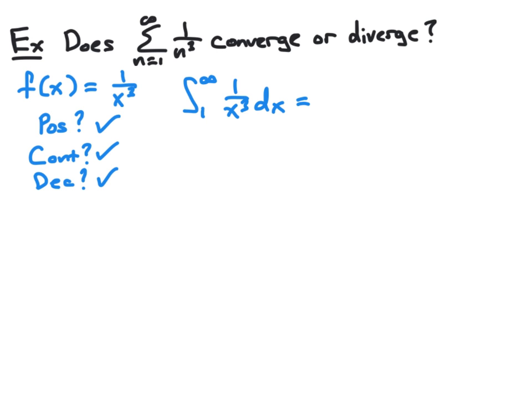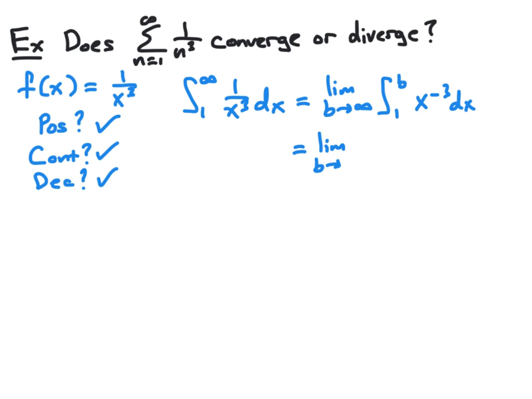This improper integral, by definition, is going to be the limit as b goes to infinity of the integral from 1 to b of x to the negative third power. We can rewrite the function like this so that we can easily antidifferentiate it with the power rule.